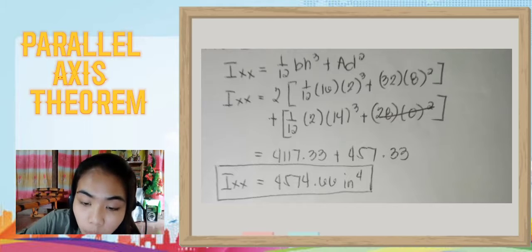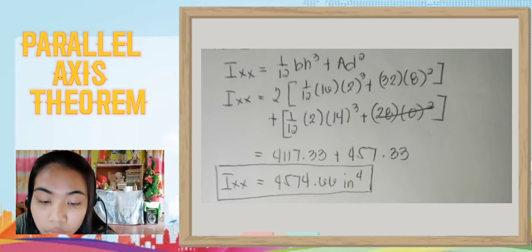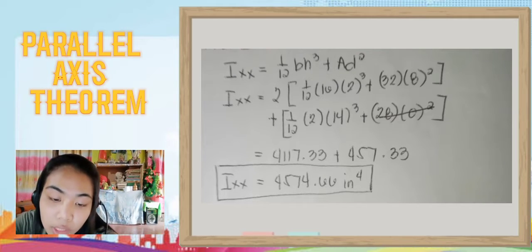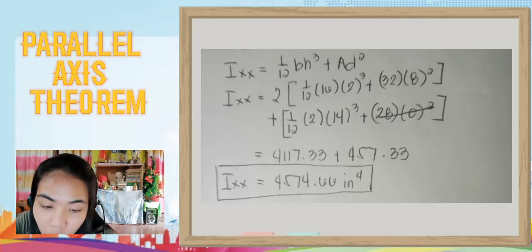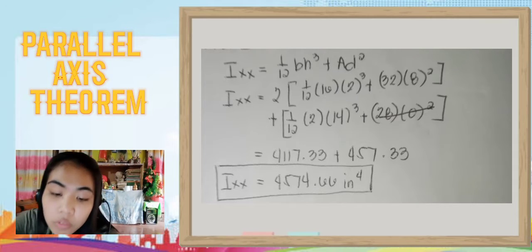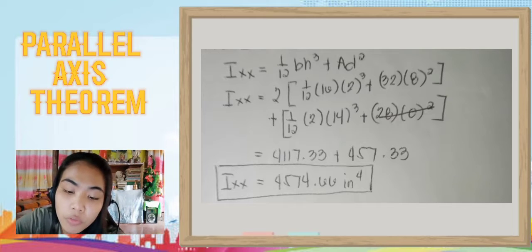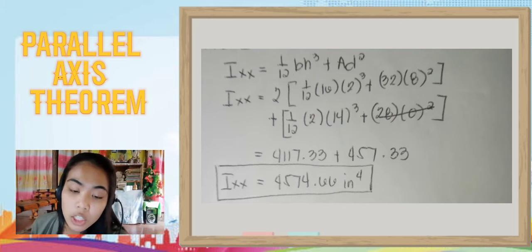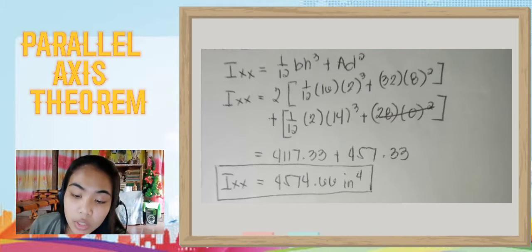times 8 squared, plus 1 over 12 times 2 times 14 raised to 3. So, the total of this, we can see the solved value of IXX is equal to 4,574.66 inches raised to the 4.